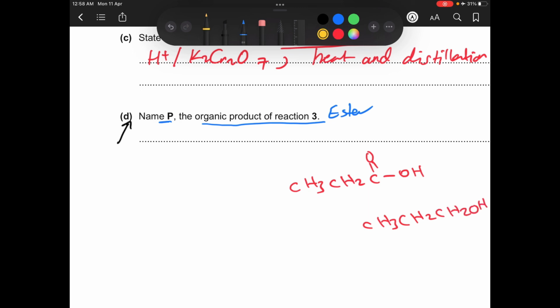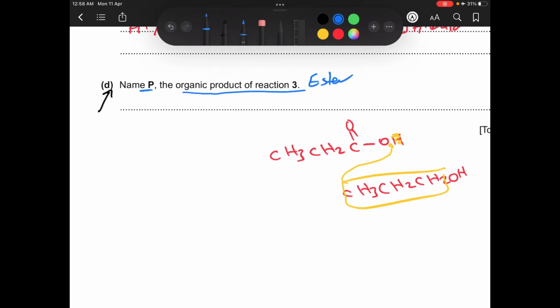Then if you want to combine these, you will take the whole compound like this and put it in here instead of the H. Then you will have a compound that looks like CH3, CH2, C double bond O, and I just want to clarify it well, O, CH2, CH2, CH3.